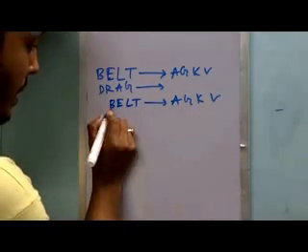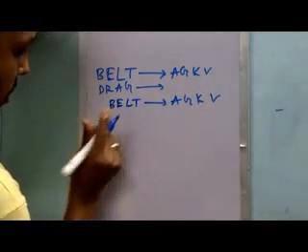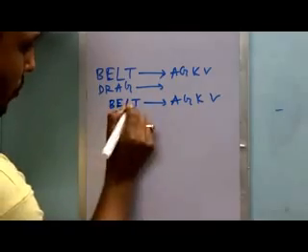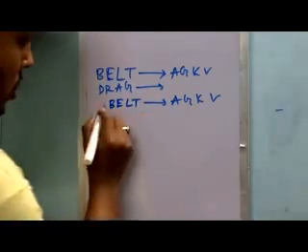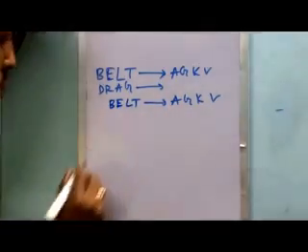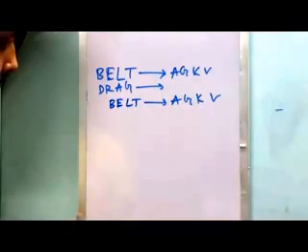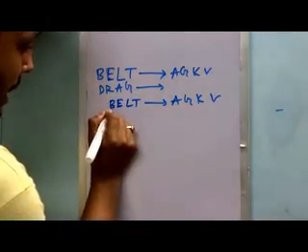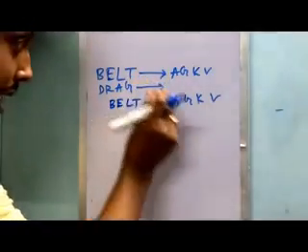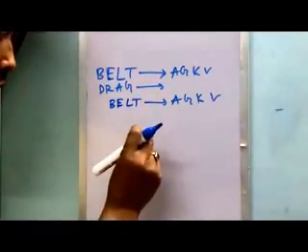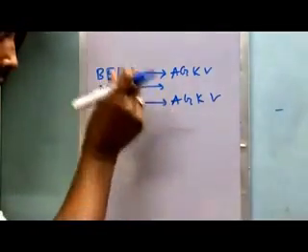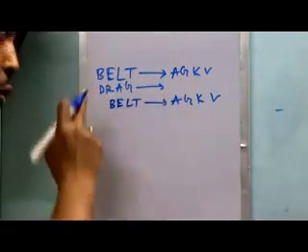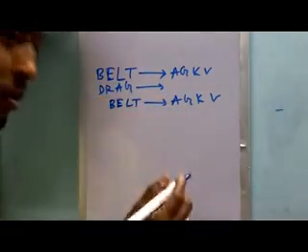Let's start with the top left letter of the word BELT. We have to find the relation between the letters in a similar position in both the coded and decoded versions.